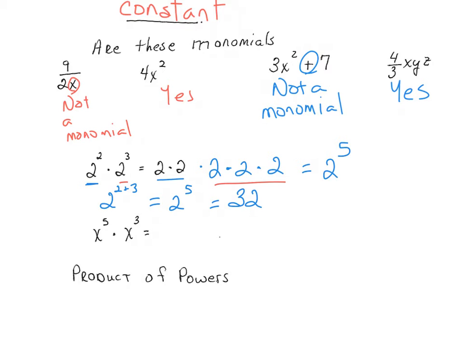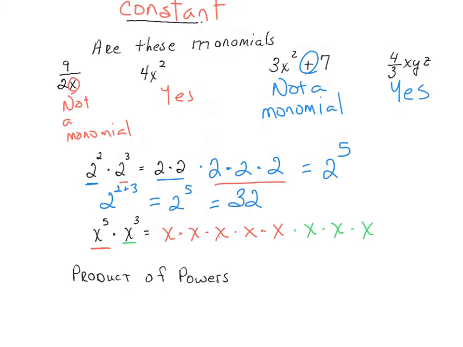So if I look at the next problem, we're not using a number for a base, we're using a variable for the base. But the same thing happens. For the x to the 5th, if we expand it, it's x times x times x times x times x. That takes care of x to the 5th. And then x cubed is x times x times x.